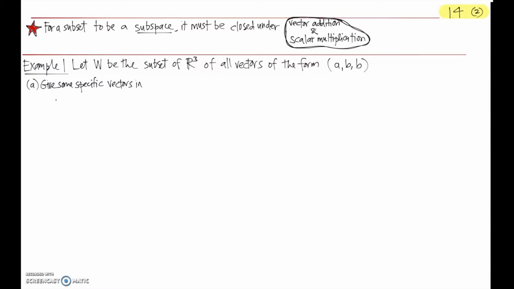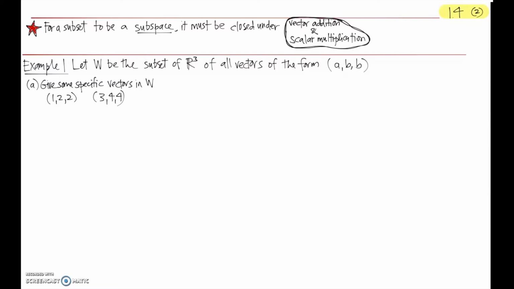And is there a finite number or an infinite number of vectors in W? Definitely infinite. An example of a vector in W would be 1, 2, 2. I guess I just wrote it as a column vector. Let's write it as they've written it. So 1, 2, 2 is in W. 3, 4, 4.